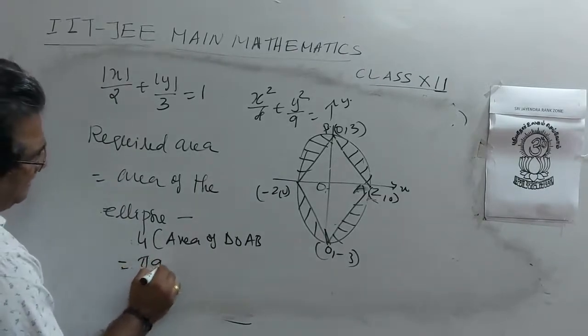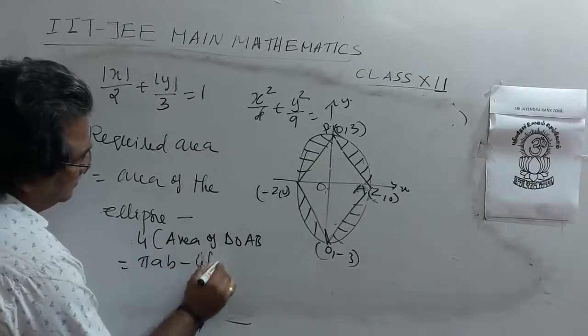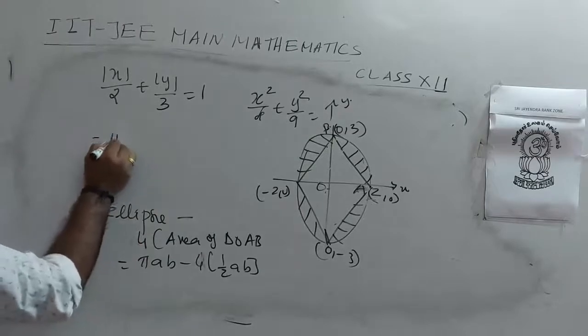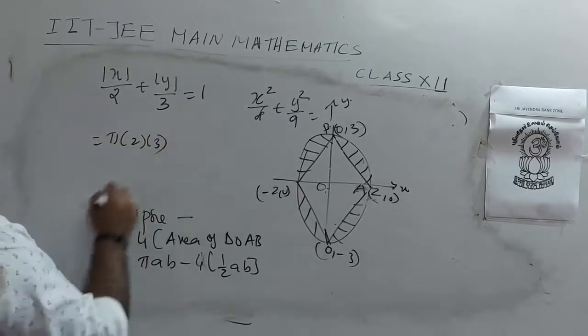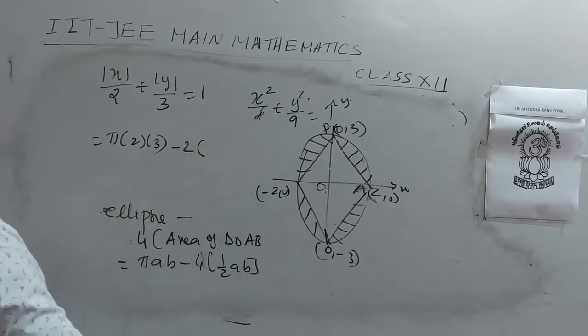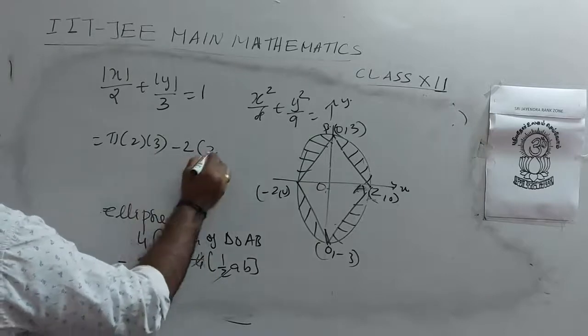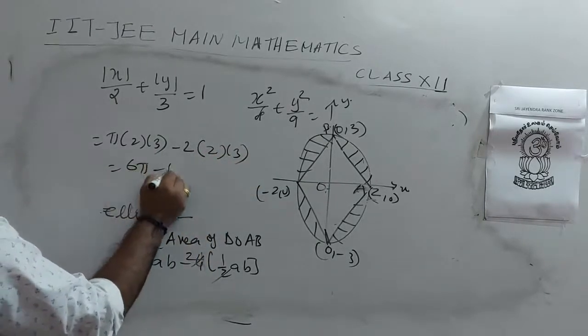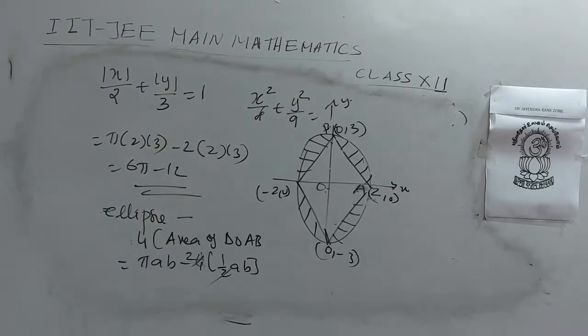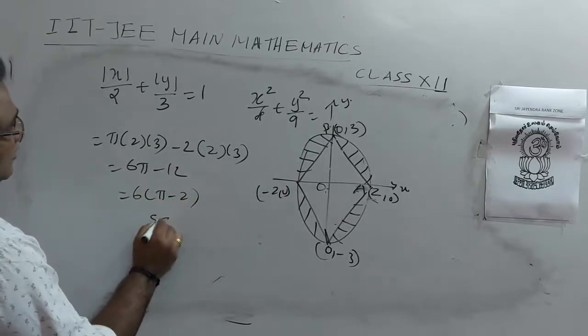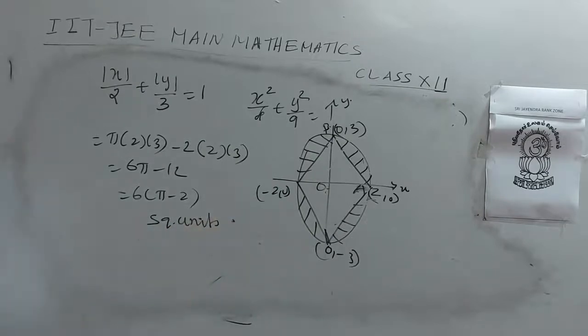Area of the ellipse is πab, minus 4 into half of ab, equal to π into 2 into 3 minus 2 into, this will be cancelled, 2 into 3, that is 6π minus 12, or 6 into (π − 2) square units.